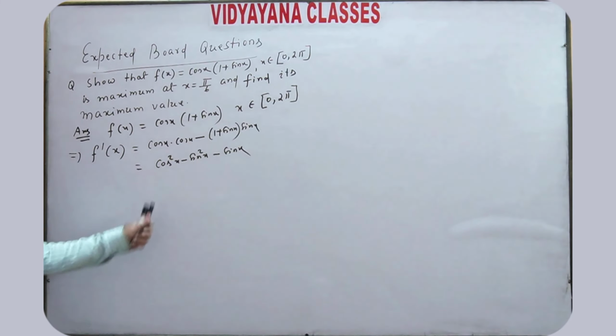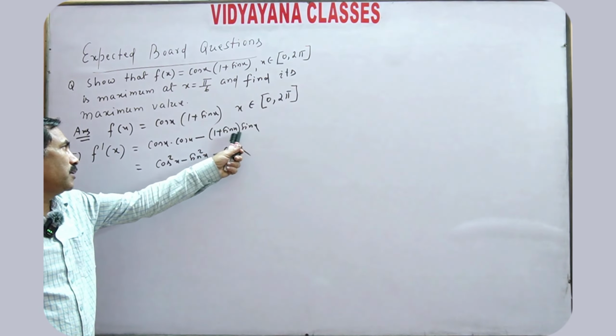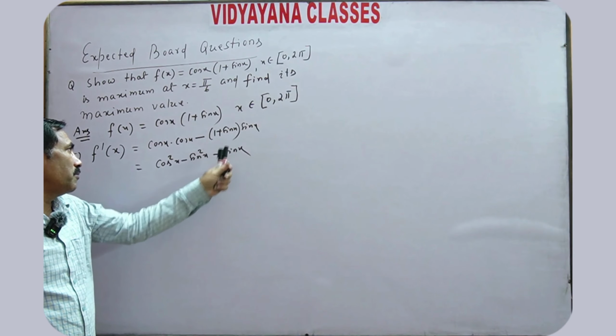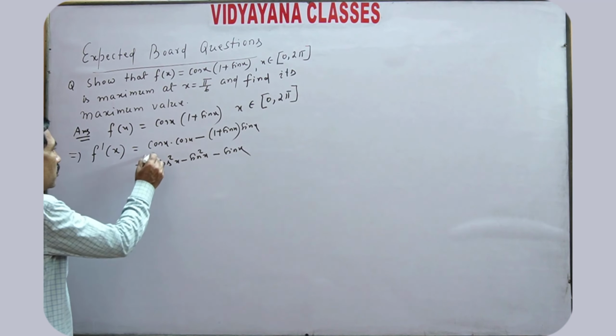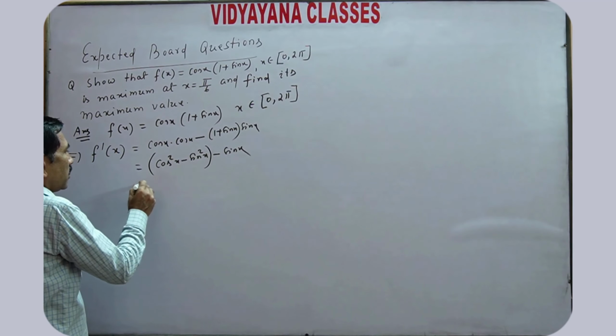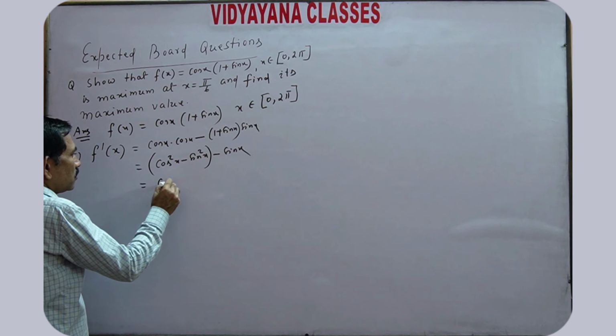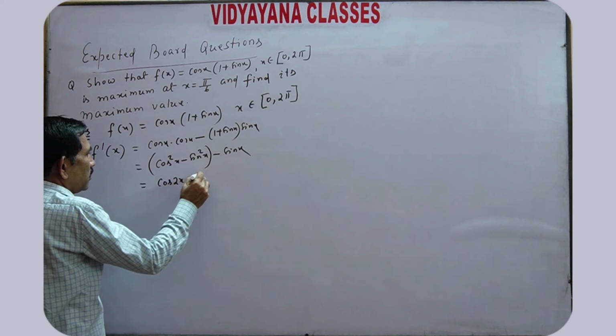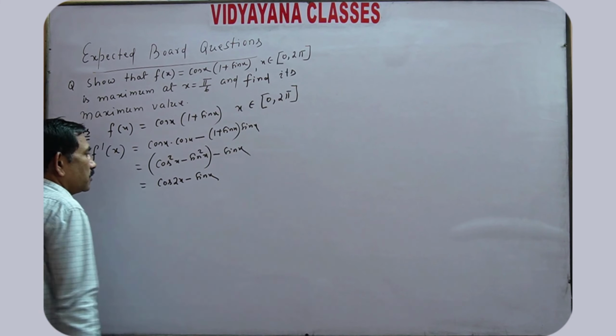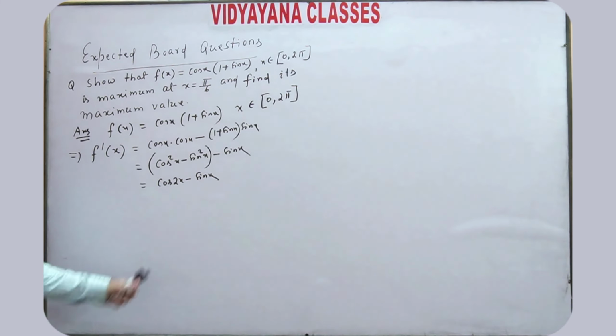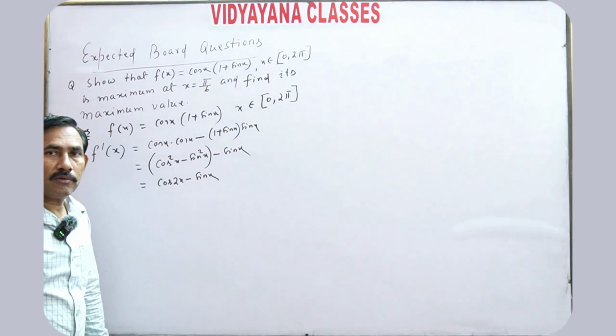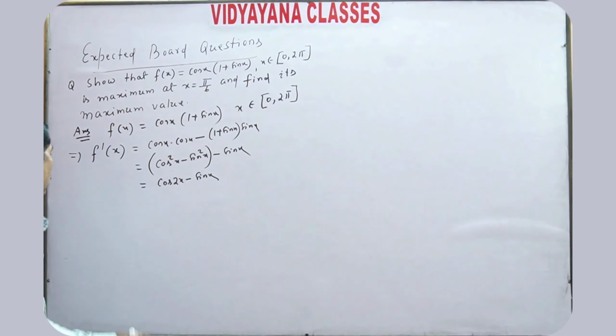Clear? Cos square x minus sin square x, that is equal to cos 2x, so f dash x is cos 2x minus sin x. Clear? Cos square theta minus sin square theta is equal to cos 2 theta.